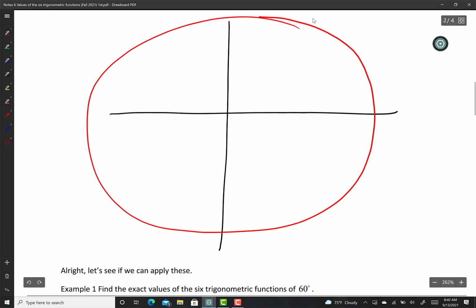All right, let's continue. Okay, so here are my special angles. 30, 45, 60.